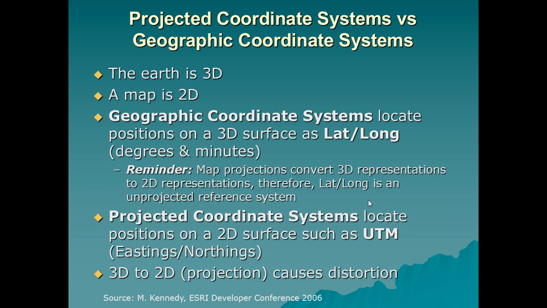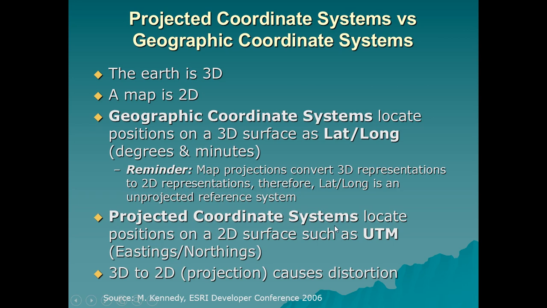Now a geographic coordinate system, right, so it's a coordinate system, but it's geographic because it locates positions on the 3-dimensional surface, that is the Earth's surface, in the form of latitude and longitude, right? So it's geographic and not projected because it is locating features on that 3-dimensional surface.